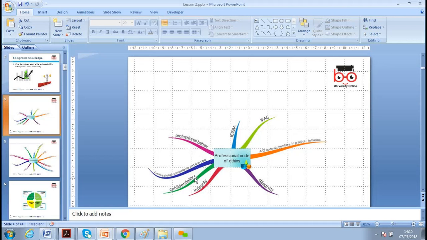Confidentiality, how we keep client information confidential, not shared on websites or in the public domain. Then objectivity. Whatever profession we are in, we should be objective towards achieving the professional goals, not compromise our objectivity. Professional behavior, we always treat people professionally, not by their ethnicity or caste, everyone is equal.